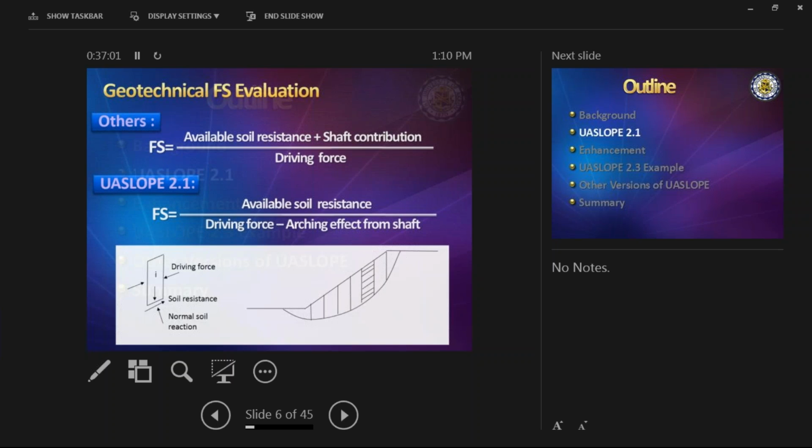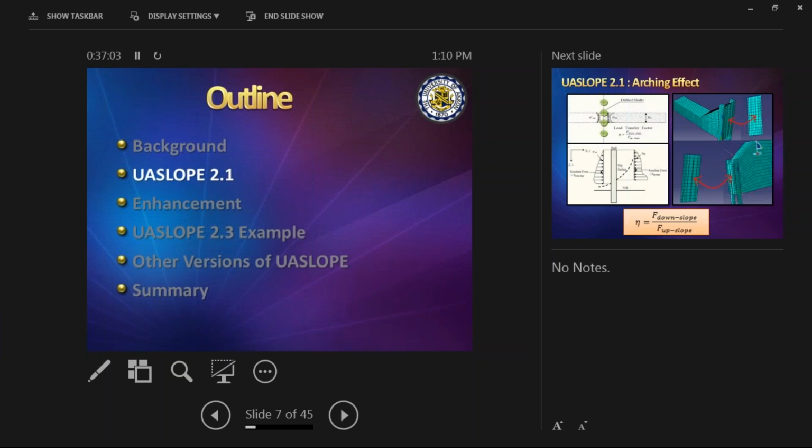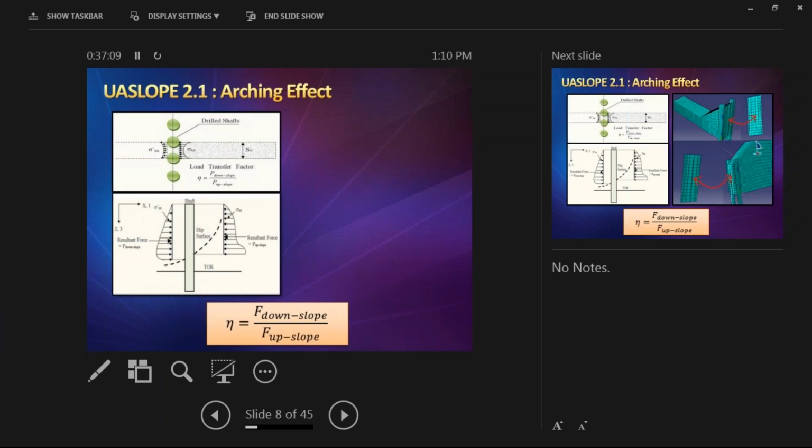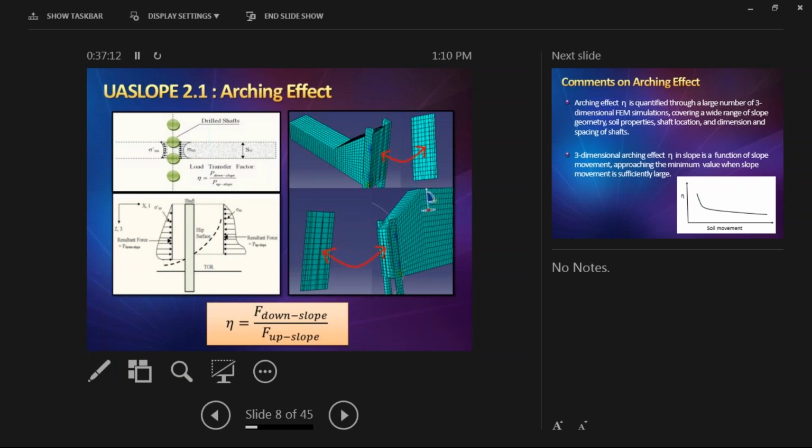Now the important question here is, how do you assess or quantify the arching effect? To do that, we have previous research, which includes not only numerical simulations, but prototype field validation work, so that we can fine-tune and validate the finite element approach.